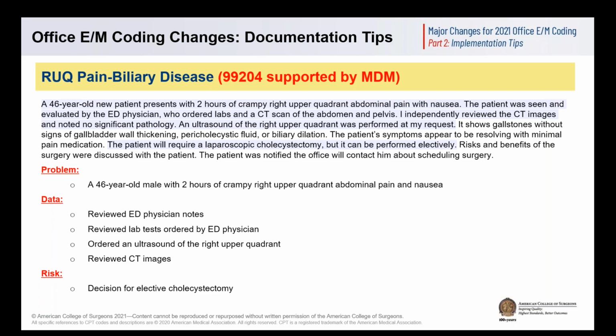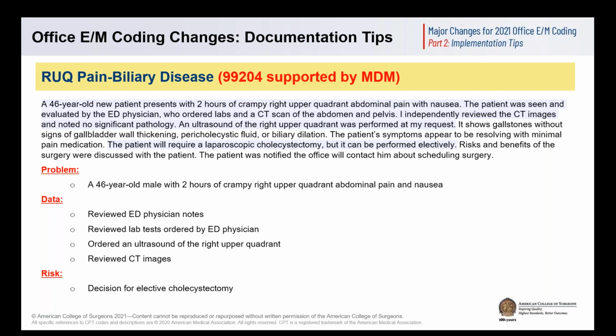So we have a 46-year-old patient who has 2 hours of crampy right upper quadrant abdominal pain. Patient seen in the emergency department where a bunch of labs are ordered, and a CT scan of the abdomen and pelvis has also been ordered.